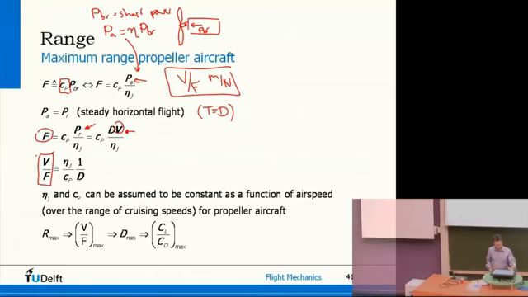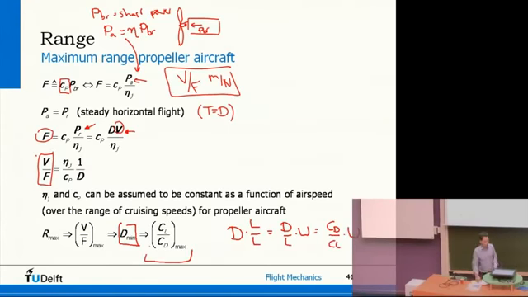So we want minimal aerodynamic drag, and that seems reasonable, because you can imagine you're flying quite efficiently if the drag of the aircraft is really low. Now, drag was also drag times lift divided by lift, which is drag over lift times weight, which is CD over CL times weight. So saying minimum drag is the same as saying I want to have maximum lift over drag coefficient.